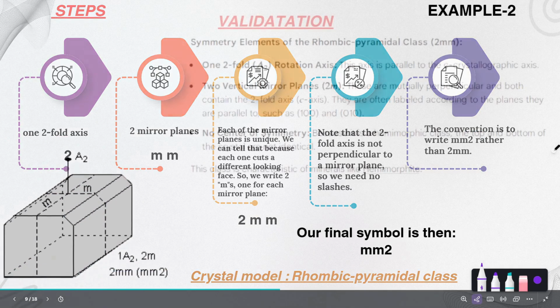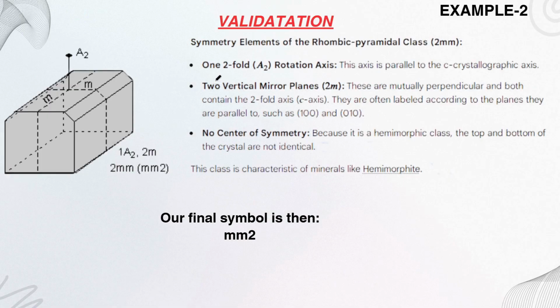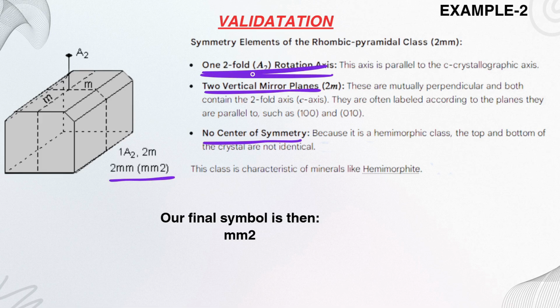Let's verify this. You have to write all the symmetry elements of this particular class and verify them against the point group symbol. In this manner you can verify whether it satisfies all the symmetry elements of this particular class with this particular point group.